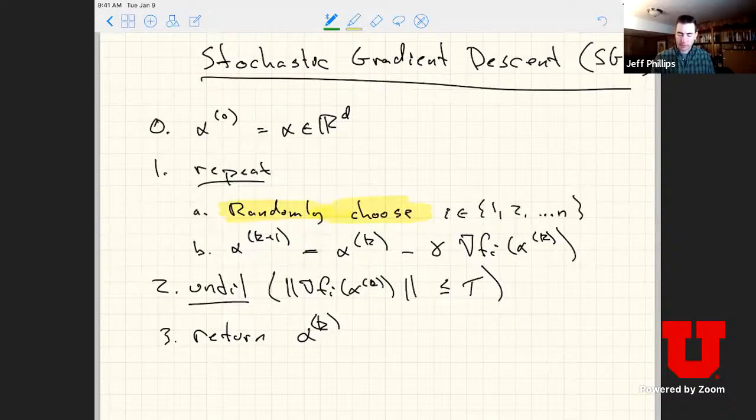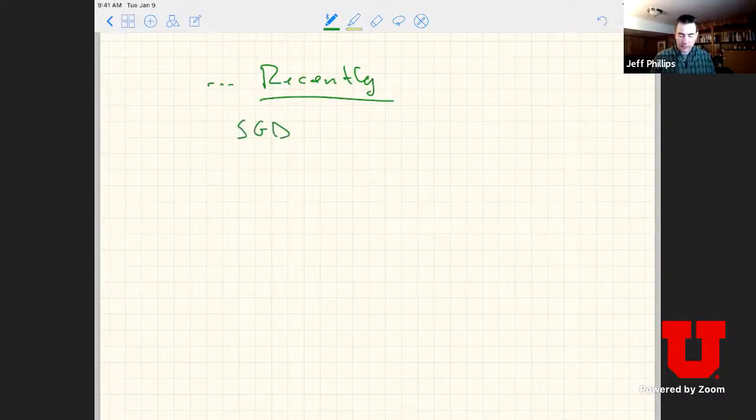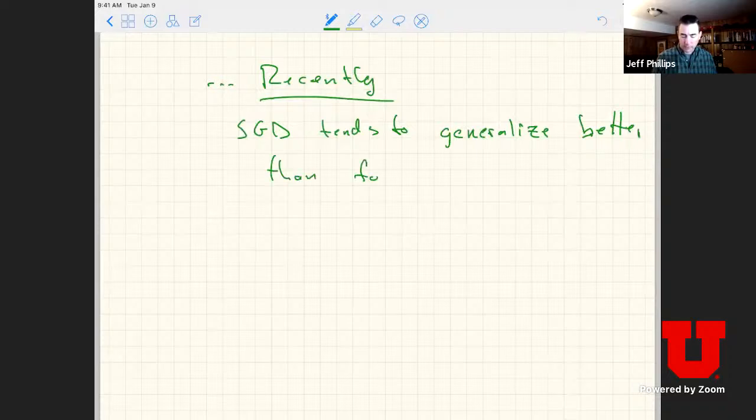Recently, people have found that running SGD tends to generalize better than full batch gradient descent.